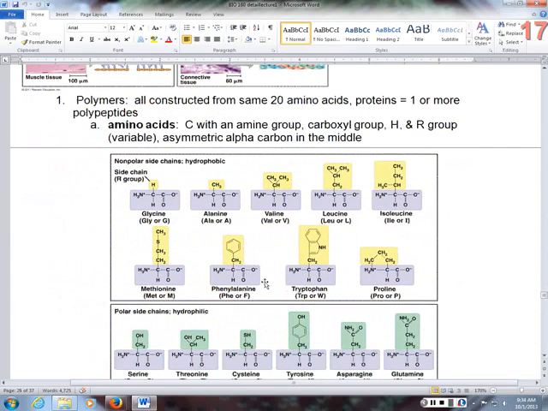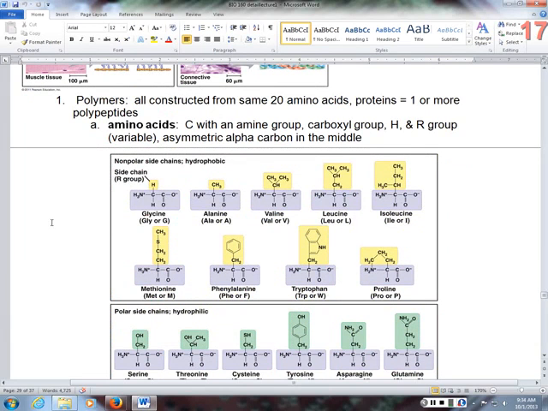So the building block of a protein is the amino acids, and we've got 20 different amino acids. Each polypeptide is going to be made up of one or more of these.